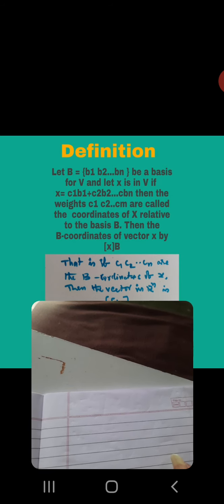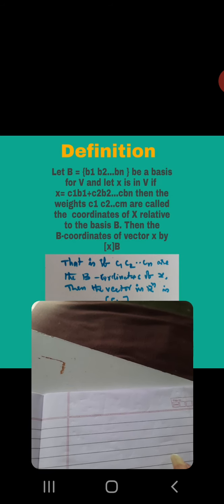These scalars are called the coordinates of X. It is denoted by [X] with subscript B, beta. With respect to beta, meaning the basis B, the coordinates of X are written as a column: C1, C2, ..., Cn.